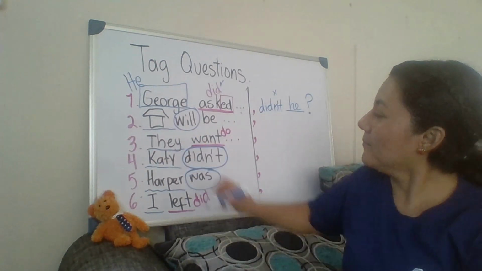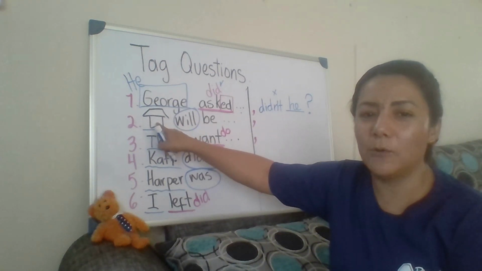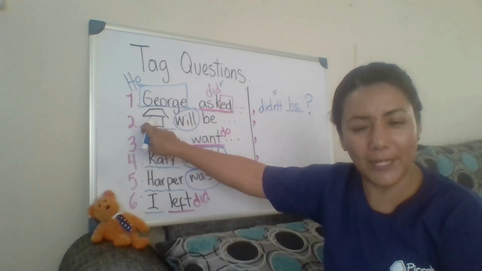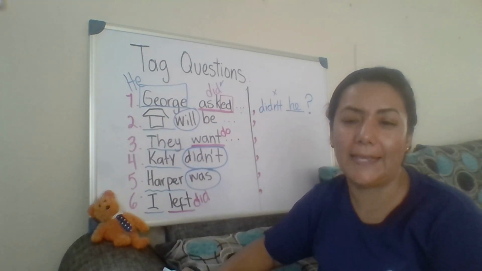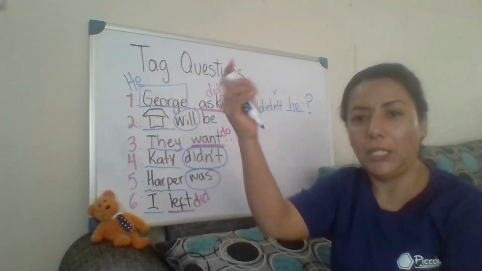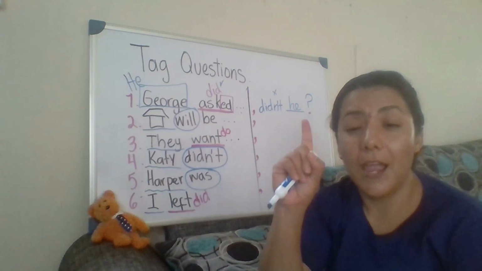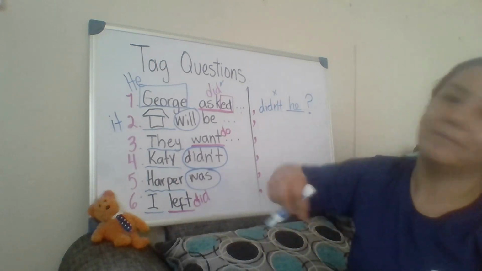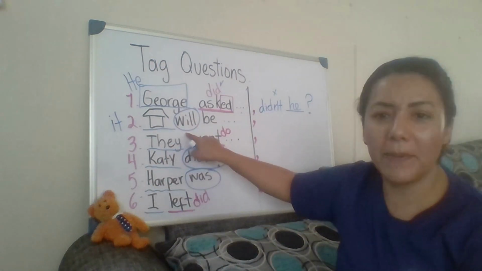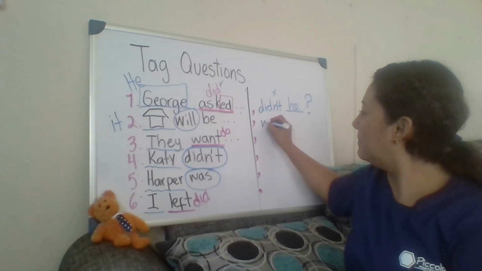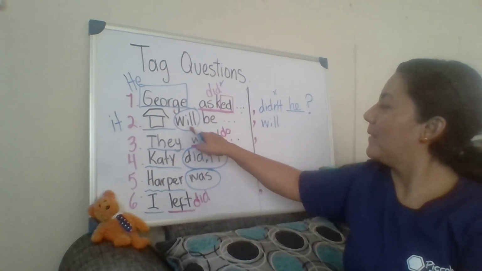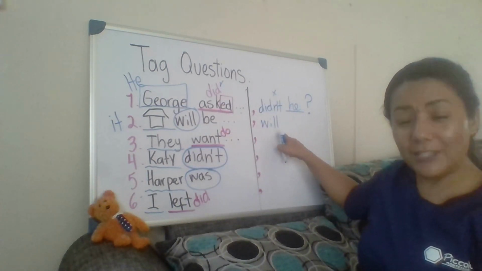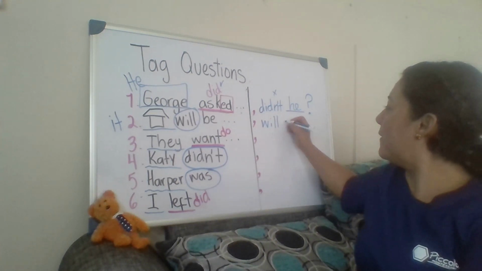Number 2. Now that we know we're not going to be able to write our new classroom, let's get the pronoun. What is the pronoun for a place? I, you, he, she, it. So, back to the rule. Helping verb stays the same. If the helping verb is affirmative, it changes to negative.